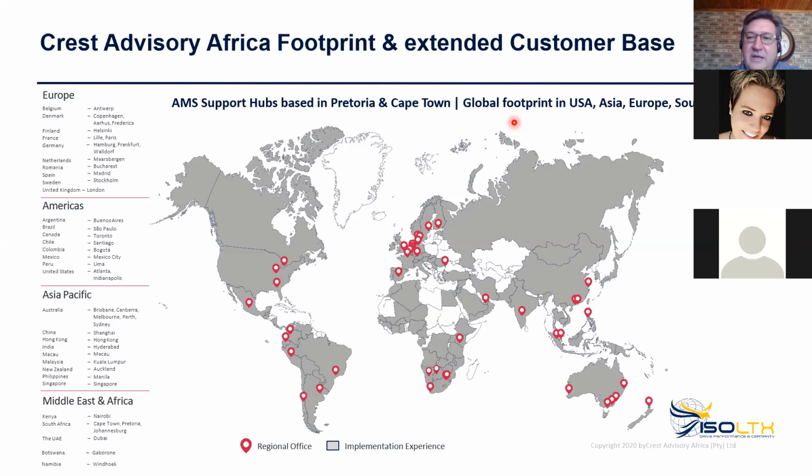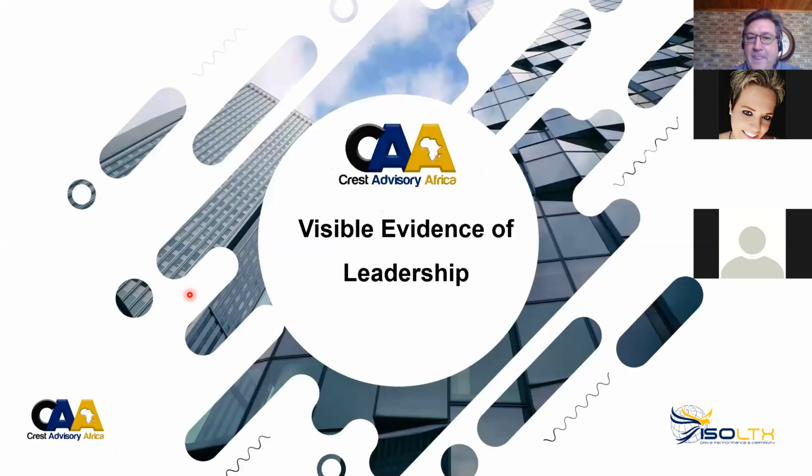At the moment, we've got offices in South Africa, this one here, in Botswana, and in Namibia. And as Crest Advisory Africa, we will be getting offices, I think, in Atlanta in the US, and then in Melbourne in Australia over the next 2 to 3 months. All right, and you can see on the left hand side all the companies and countries that we are supporting in every city there.